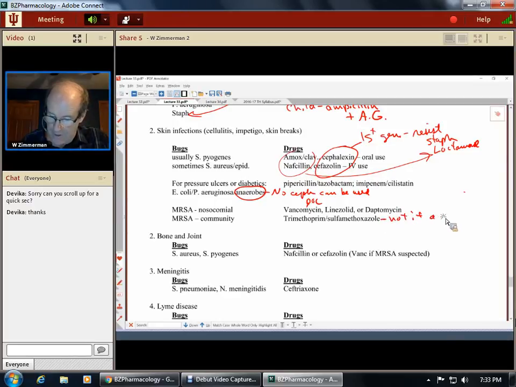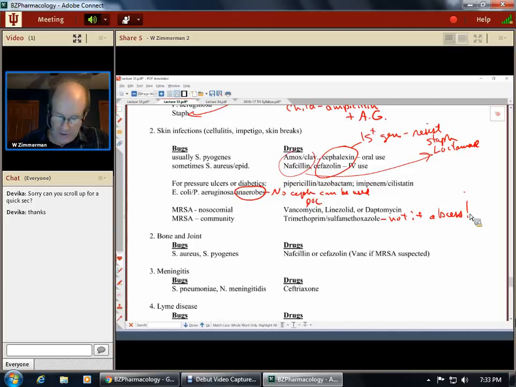Not if we've got an abscess, because the tissue breakdown will lead to a lot of resistance. But if it's a MRSA infection from the community, you can get away with good old sulfamethoxazole trimethoprim.